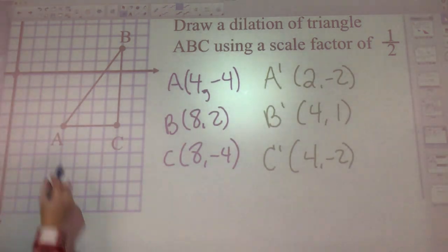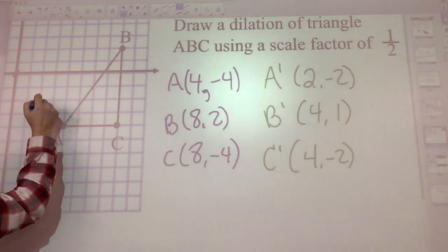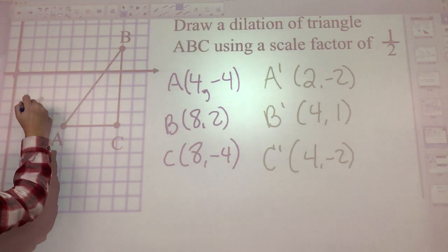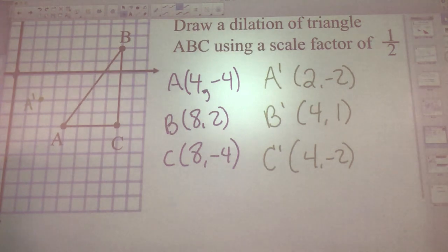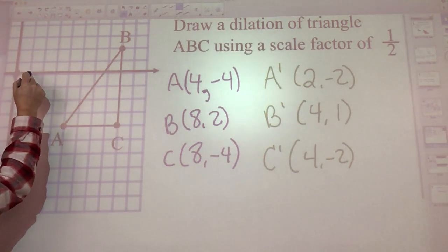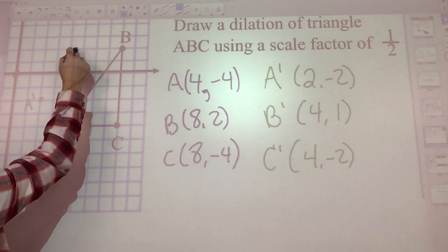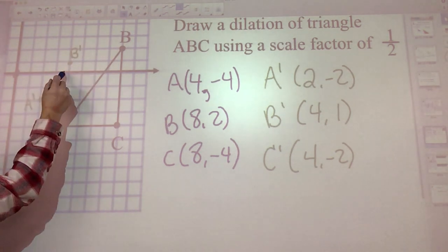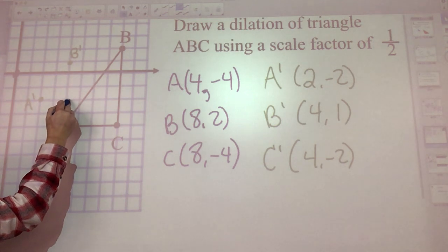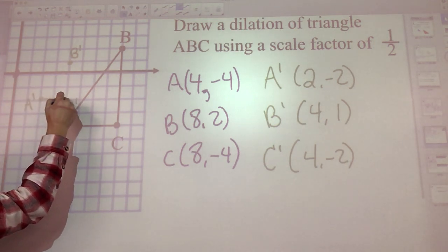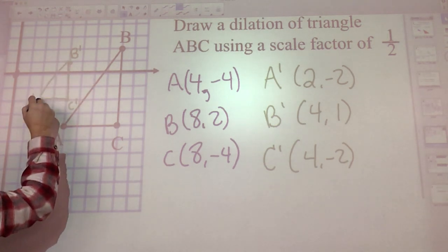So draw the new triangle. Over 2, down 2 is your A prime. B goes over 4, up 1, B prime. C over 4, down 2, there's your C prime. Take a look at that triangle.